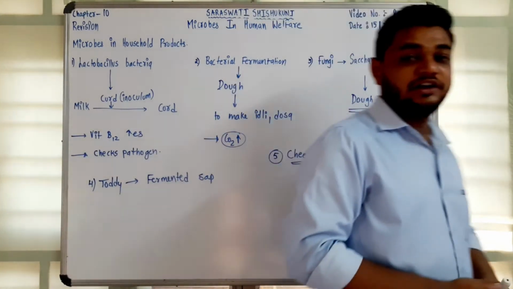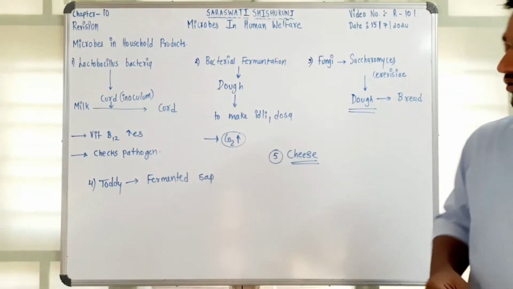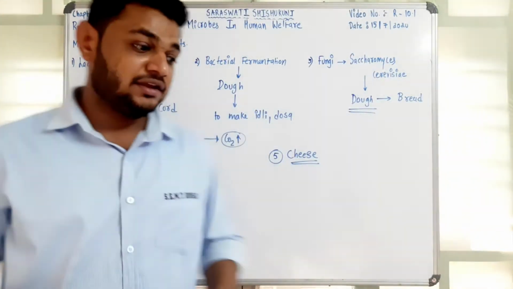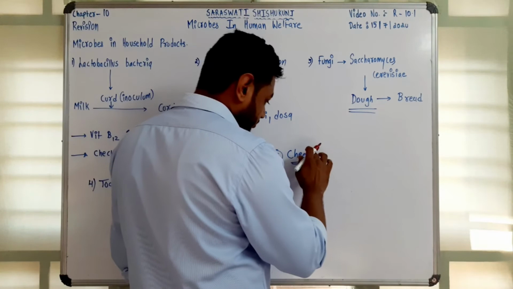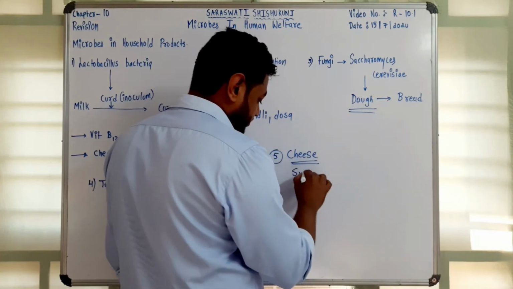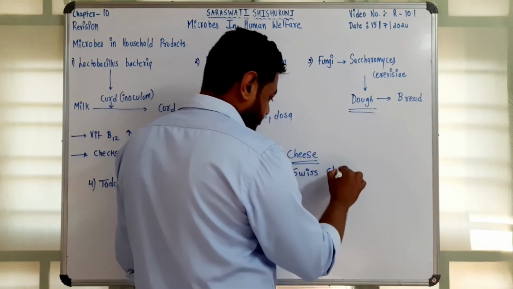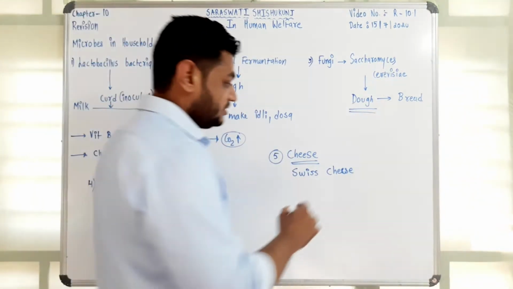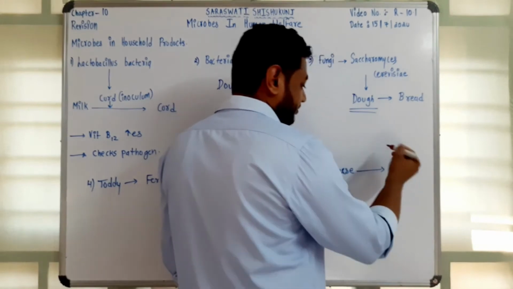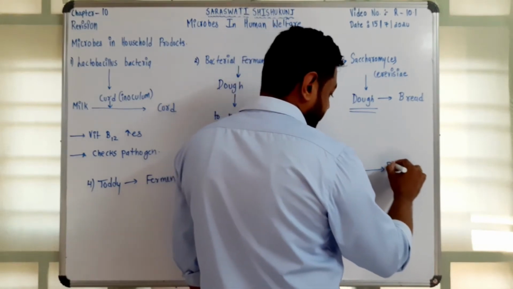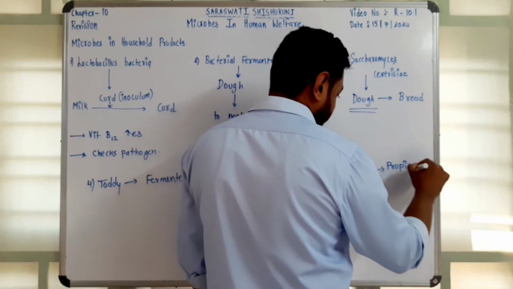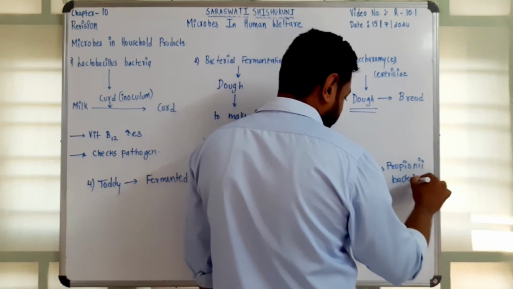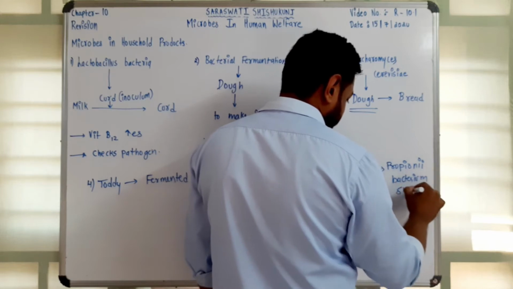Cheese is a delicious food which is preferred by many people in this world. Cheese is made, for example, let's say Swiss cheese, right? Swiss cheese is ripened by the help of Propionibacterium sermani, right?